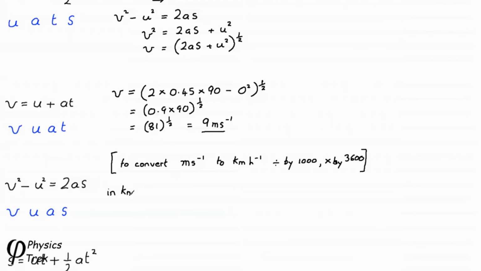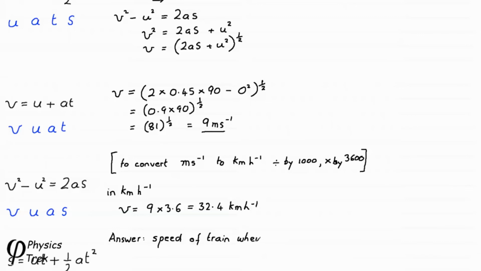So in kilometers per hour, v is equal to 9 times 3.6, which gives us 32.4 kilometers per hour. So here is our answer. The speed of the train when the tail buffers pass the lamppost is 32.40 kilometers per hour. That's to 2 decimal places.